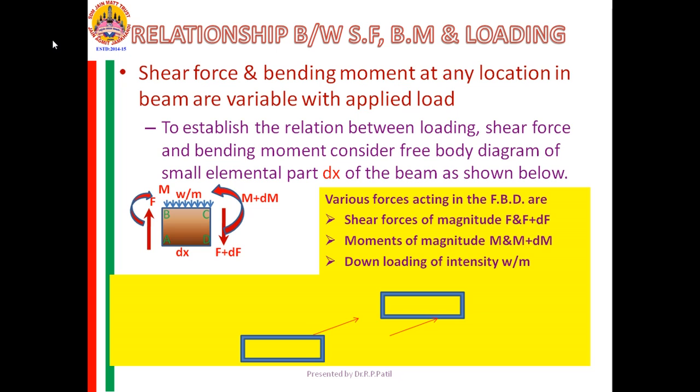I am separating on the right side and putting the forces there as F and M. On the left side I am separating and putting the forces there as F plus dF, M plus dM, and the external load is W per meter run.